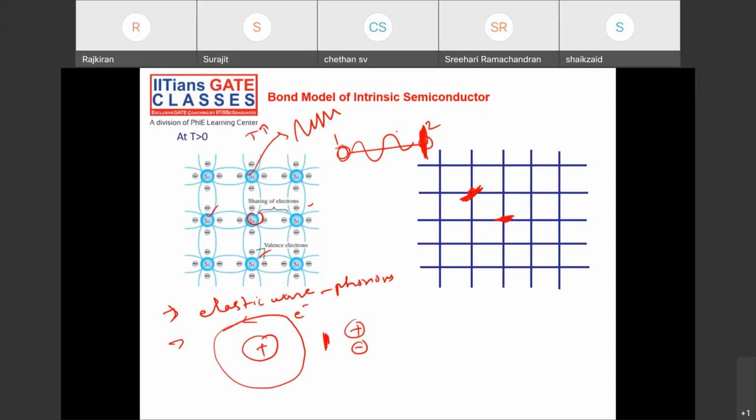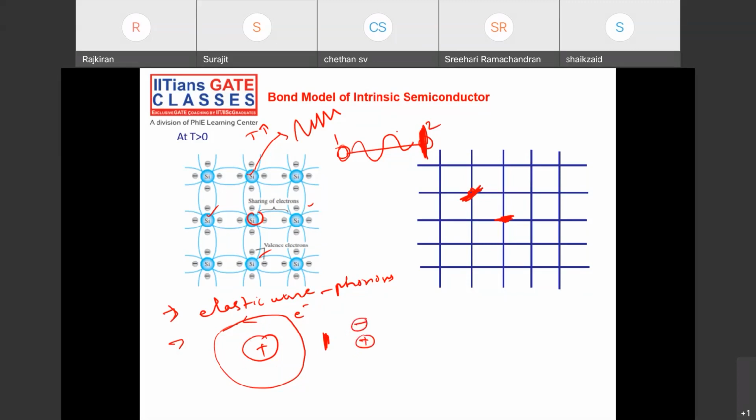Because when an atom vibrates, the electron and the nucleus will not vibrate coincidentally. So the center of mass of the electrons will be a little bit displaced from the center of mass of the positive charges, the nucleus.